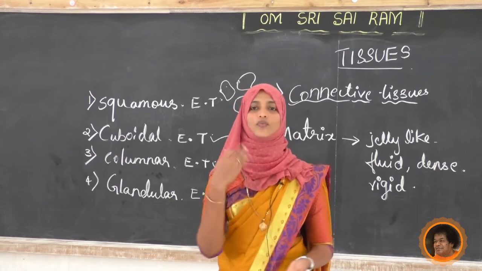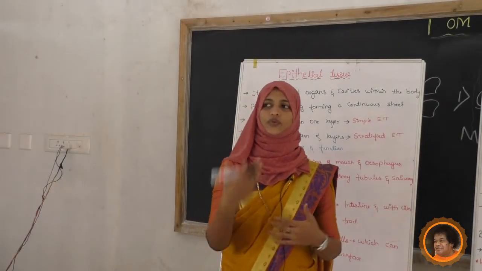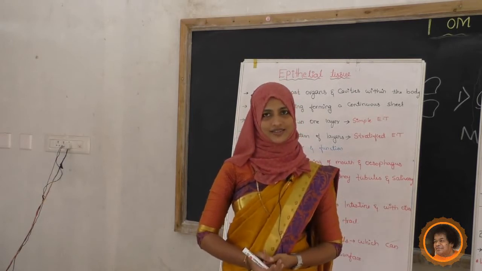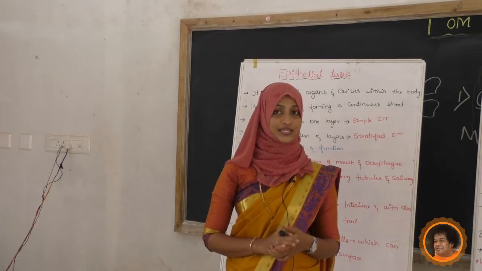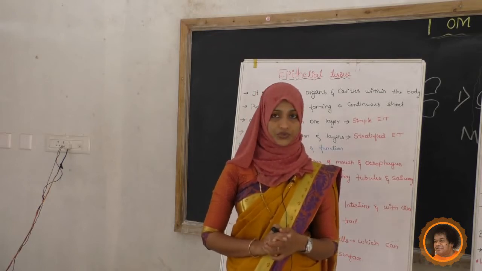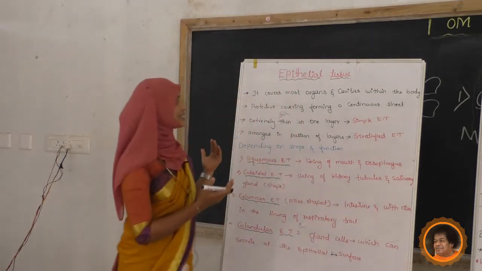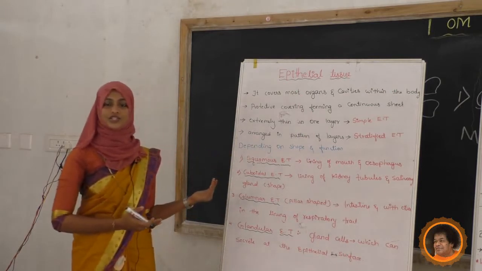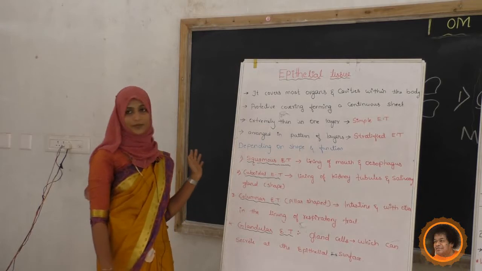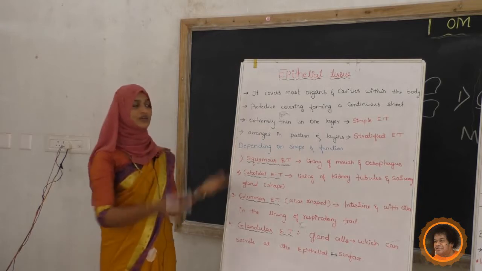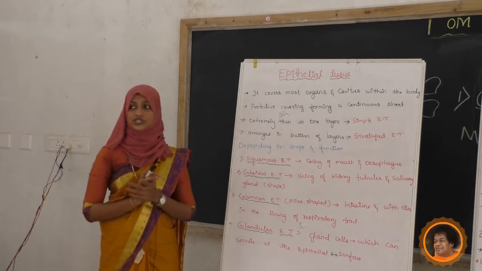Next, we'll recall what we have studied in today's class. First, we have studied the two types of animal tissues, epithelial and connective tissue. First, the epithelial tissue: it covers most organs and cavities within our body, a protective covering forming a continuous sheet.